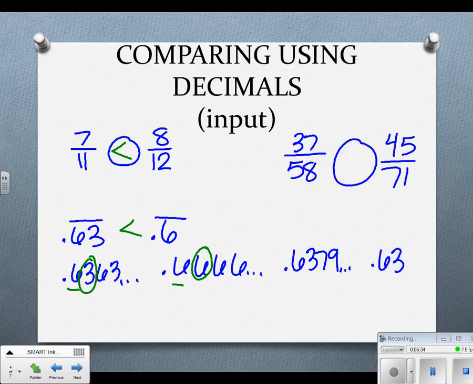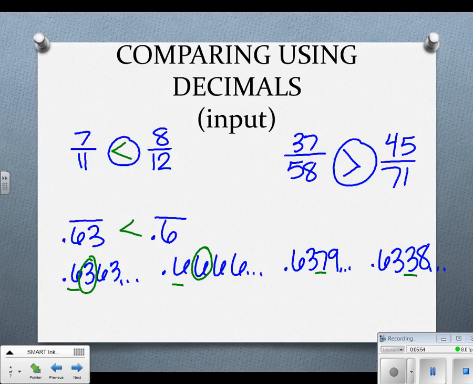And in comparing the place values of the digits, we have a 6, a 3, and then it changes here, 7 and 3. So then the 7 is greater, so that means 37/58 is greater than 45/71.